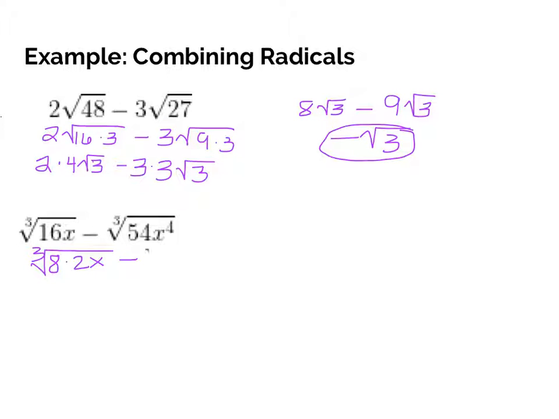And the cubed root of 54x to the 4th, we can break that up into a perfect cube, 27, times x cubed, and then left over we have 2x.